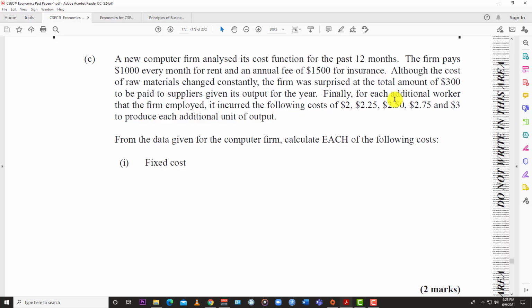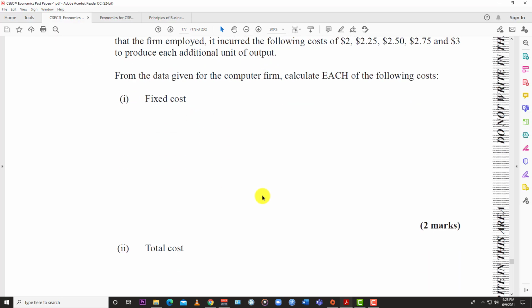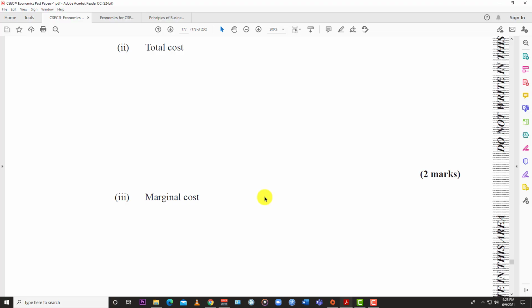Finally, for each additional worker that the firm employed, it incurred the following costs: $2, $2.25, $2.50, $2.75, $3 to produce each additional unit of output. From the data given for the computer firm, calculate each of the following: fixed cost, total cost, marginal cost.